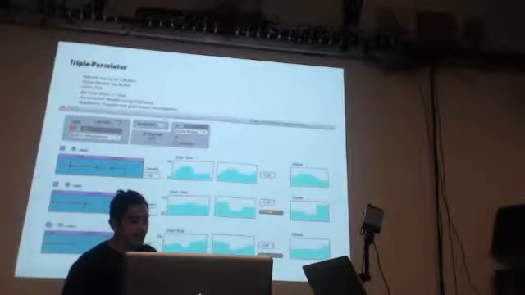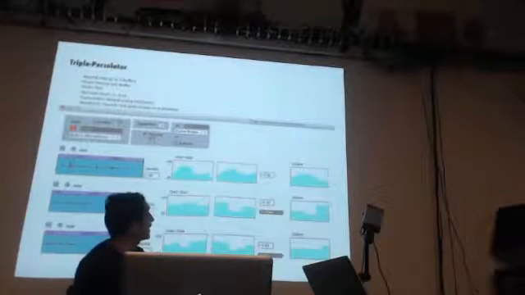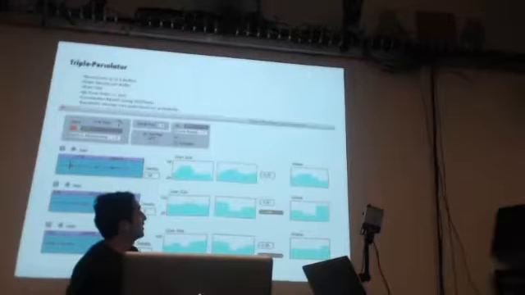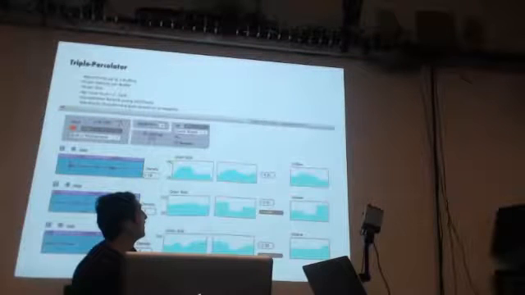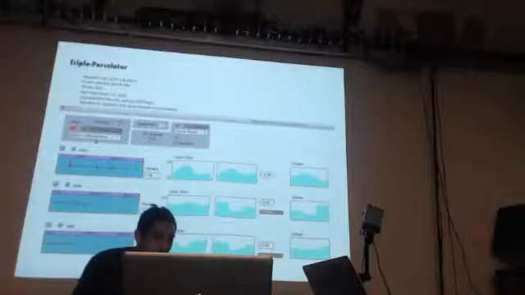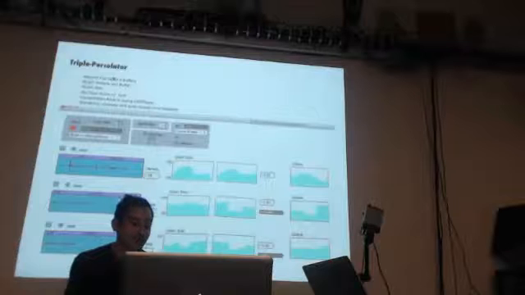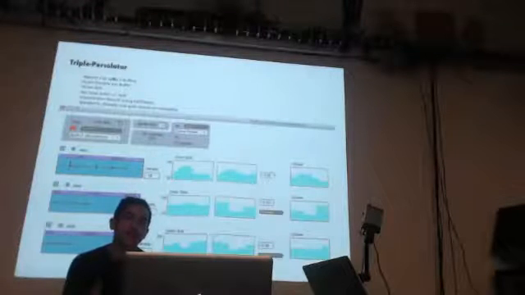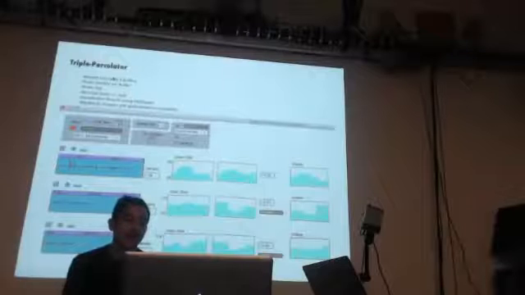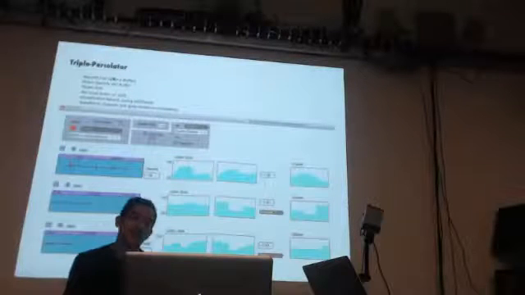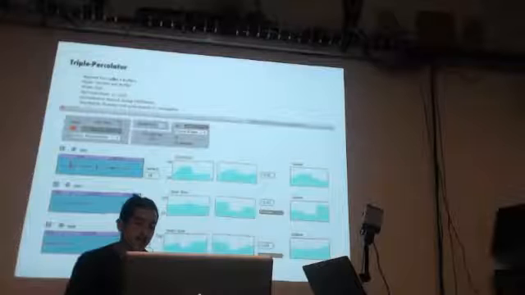This is the latest patch I've been using to process my sound. It's called the Triple Percolator, and I'm going to take you through some of these features. It's basically granular synthesis and does convolution reverb using the HISS tools objects, which are available and are awesome for doing convolution reverb.